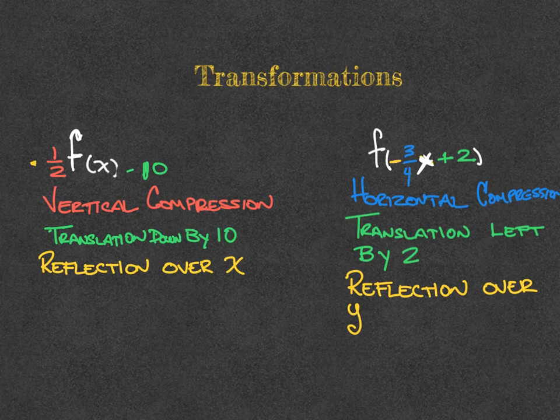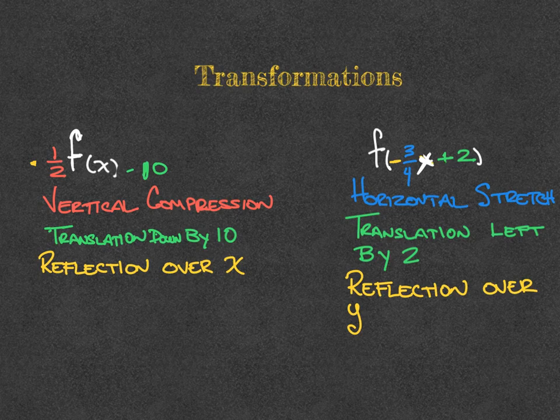So how does that change? Well, now my number is smaller than 1. And how that will change is that I'll no longer have a compression. I'm still going to have a horizontal change, but it won't be a compression. Now it'll be a stretch. And I hope that you are noticing that that negative is still making a reflection over y, and that's not changing. Okay? And the last thing that we are going to move, okay?